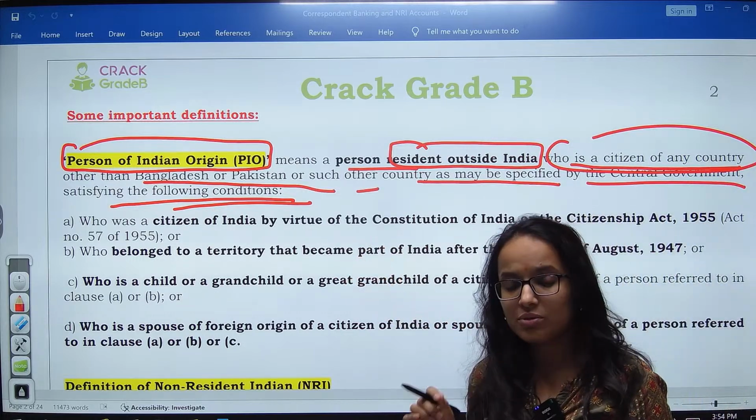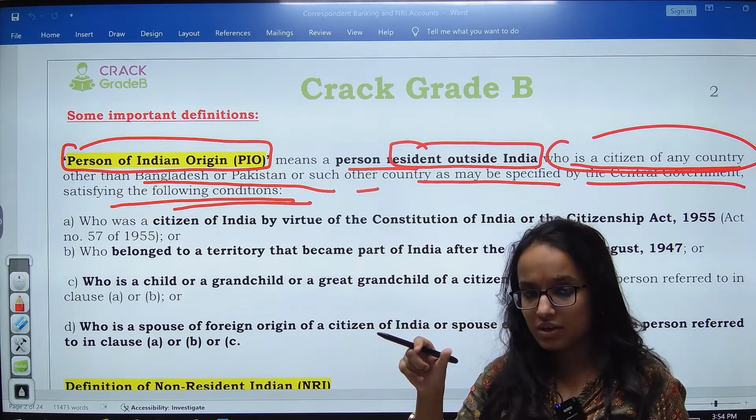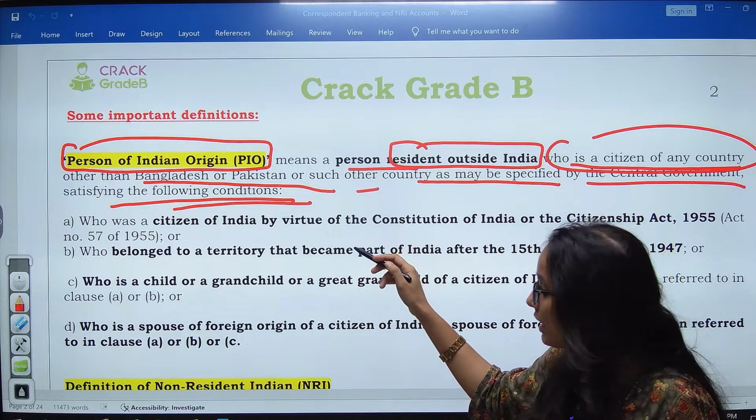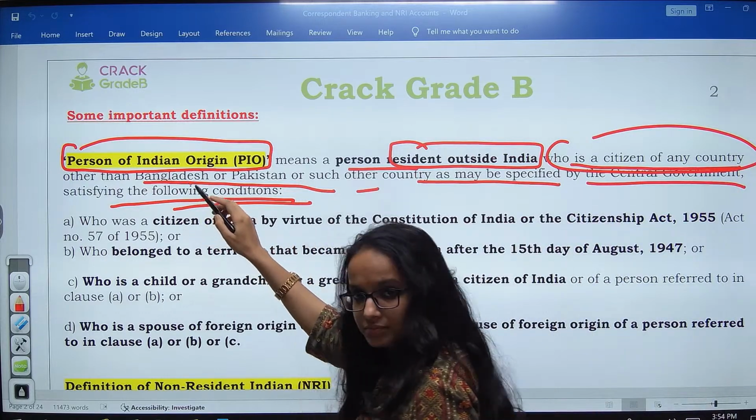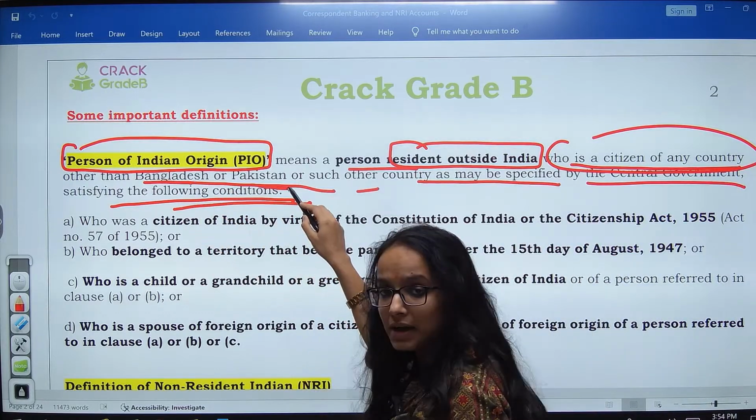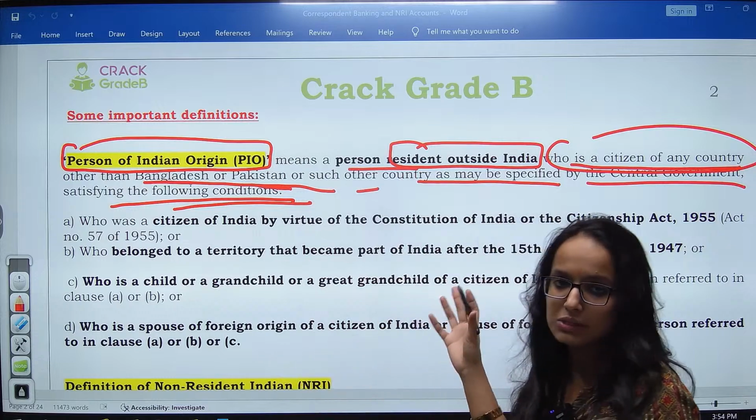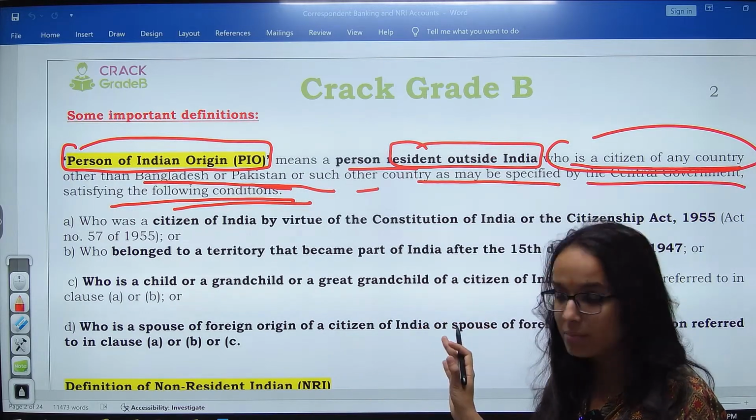I am focusing on this because it is important: other than Bangladesh and Pakistan or any other country specified by the central government.